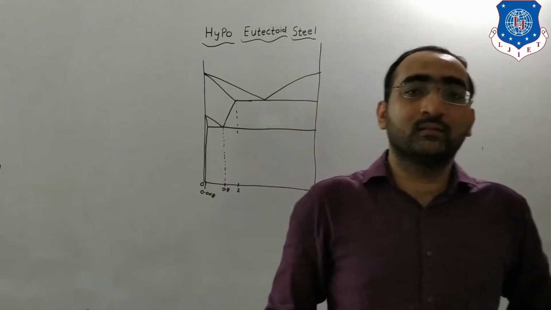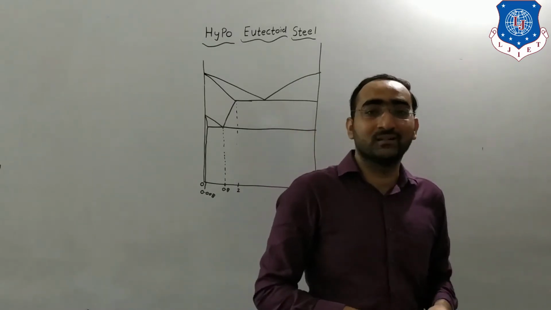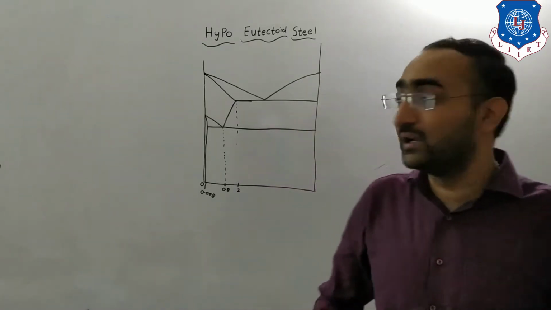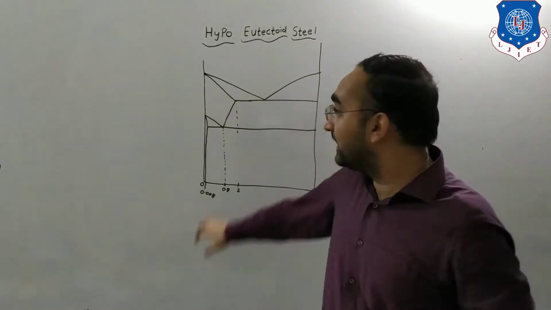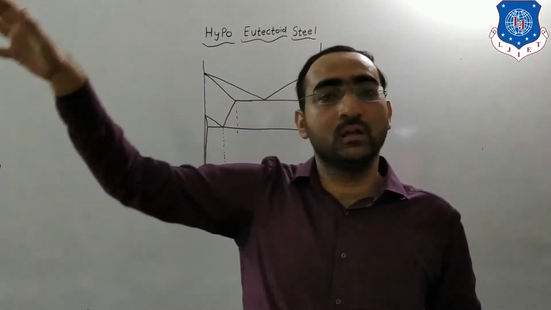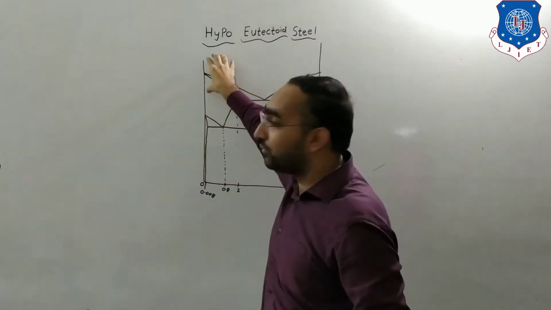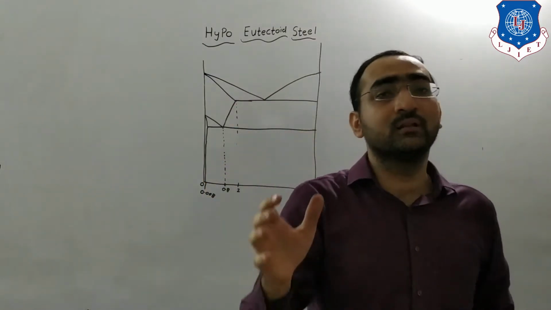Now, in today's lecture, we will be going for the different solidification structures which are going to occur in a hypoeutectoid steel. As you can see, the iron carbon diagram is the simplified version, and we have left out the overall top portion because that is a very small region and is not included in the solidification.